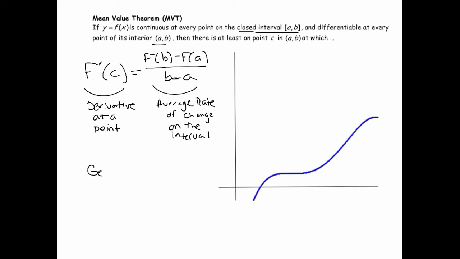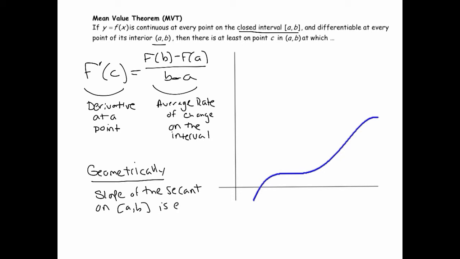Geometrically, it tells us that the slope of the secant line on that interval a to b is equal to the slope of some tangent line, the slope of a tangent at x equals c.